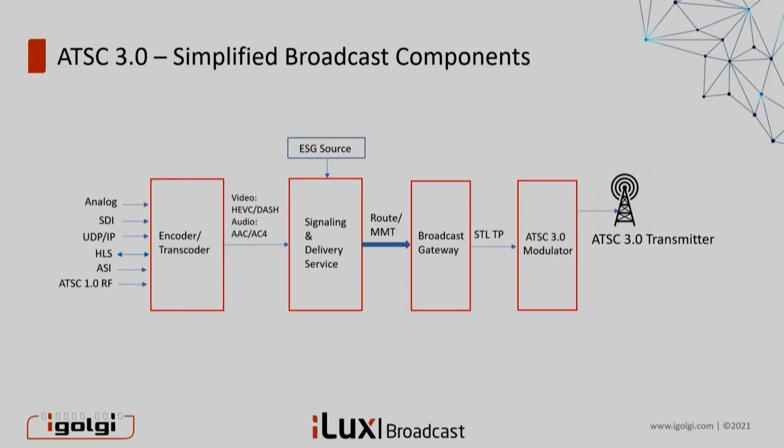So this is just a diagram of a very simple broadcast system. You have the encoder. In our case, we can take a variety of input signals, everything from analog to digital, uncompressed, compressed signals off the internet, and convert them to the ATSC 3 formats of HEVC. Today there's a little bit of AAC, and also the AC4 codec is coming, which is part of the standard for higher compression for audio.